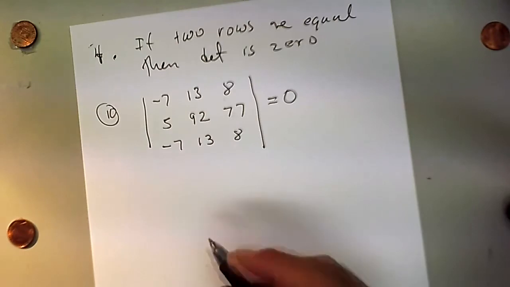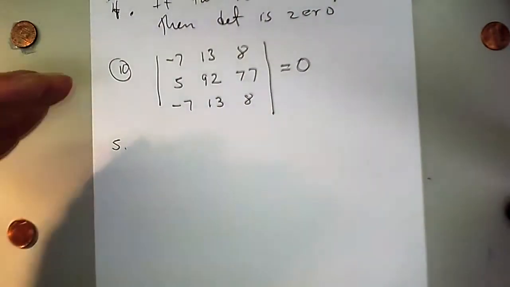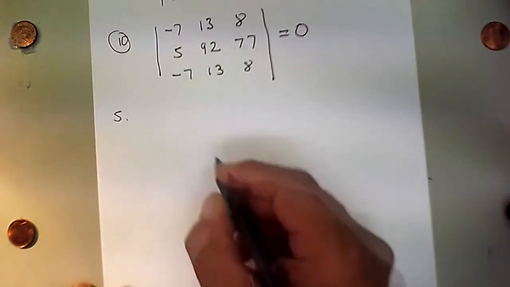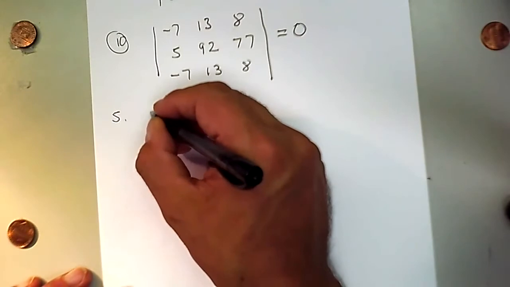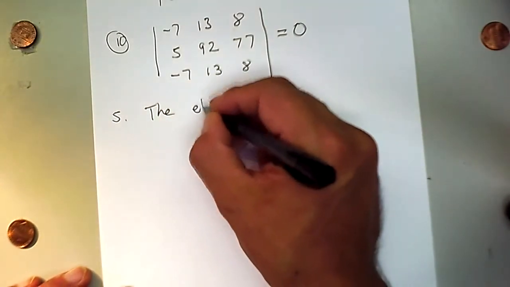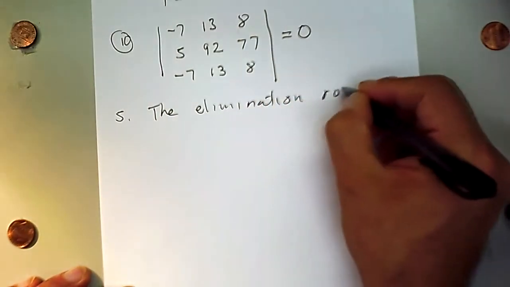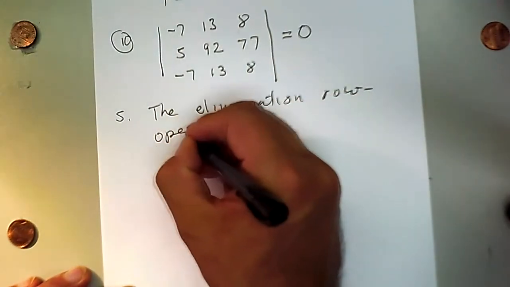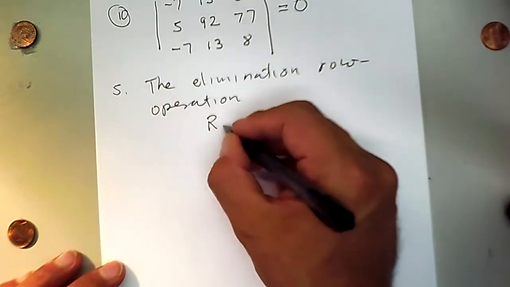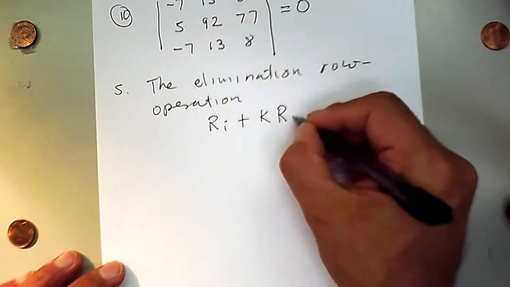Okay. Property number 5. When we were eliminating elements of matrices, we heavily used this operation: the elimination row operation of taking one row and then adding a constant times a second row.